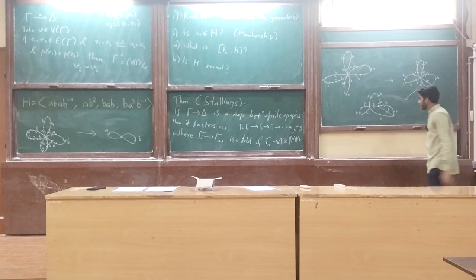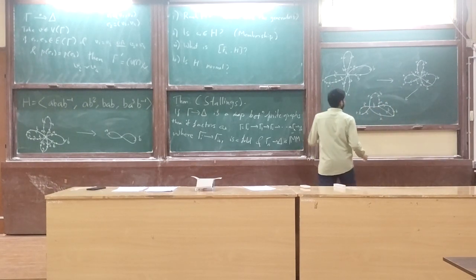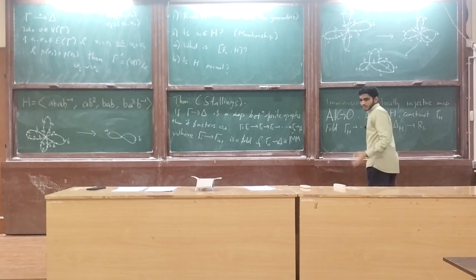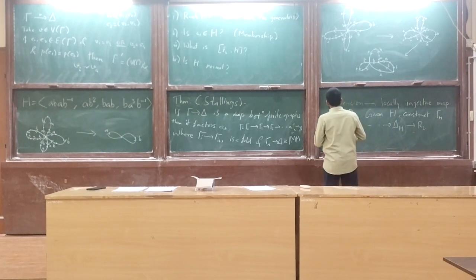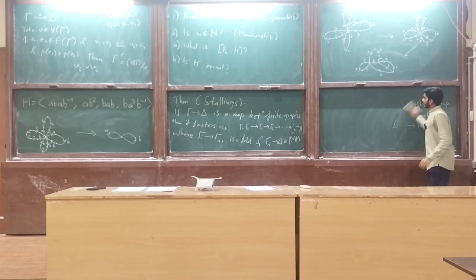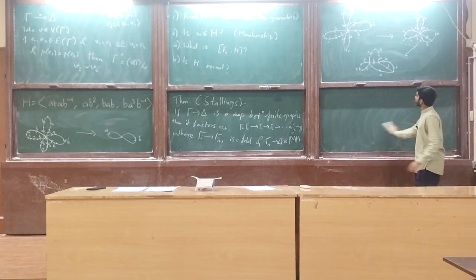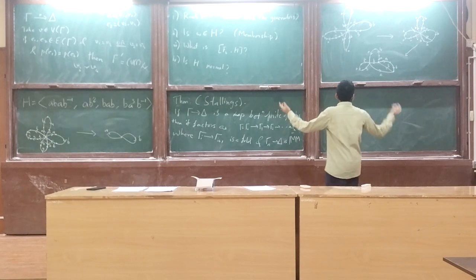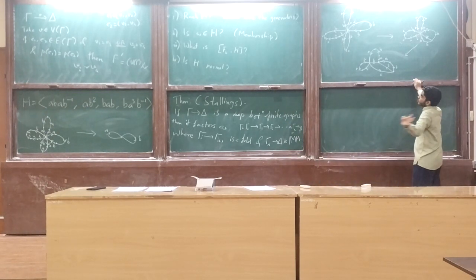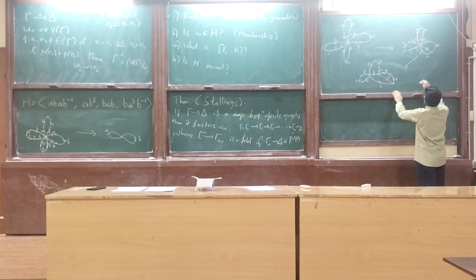Okay, after folding. Good. Now, down. This is this. We'll go there later. Again, we can look at these vertices. Just for the sake of it, let's keep track of the base point.